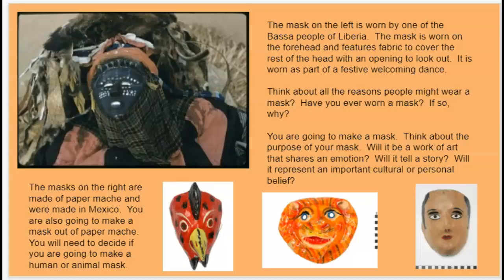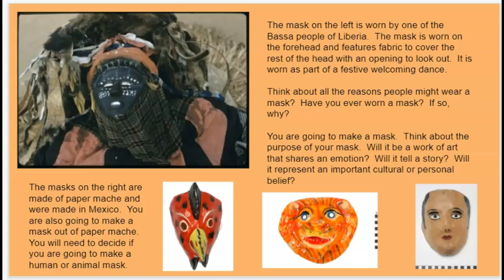All right, and the final slide that I've created shows some masks. One is actually being worn along with the rest of the outfit that the wearer might be wearing. So a lot of the masks we see are sort of out of context, but this one, you can see, is made by the Bassa people of Liberia, and it's worn on the forehead.